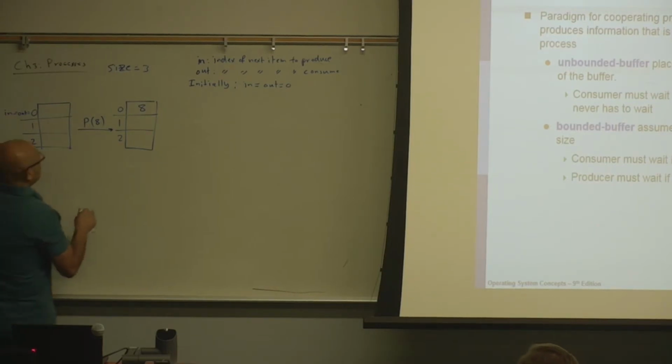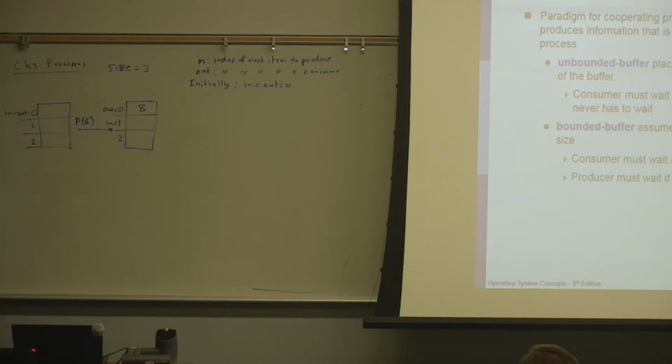So now our in is going to be 1, and our out is still 0, because we have produced something, but we haven't consumed anything. So we are advancing the in, but out is still at 0.